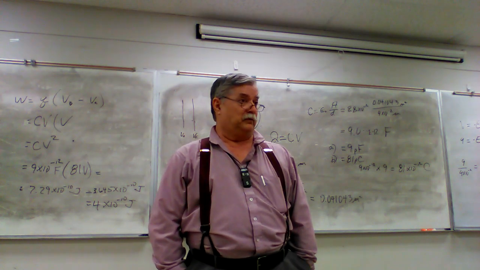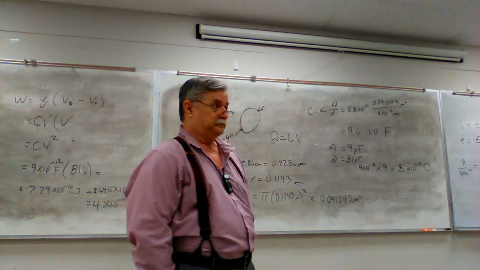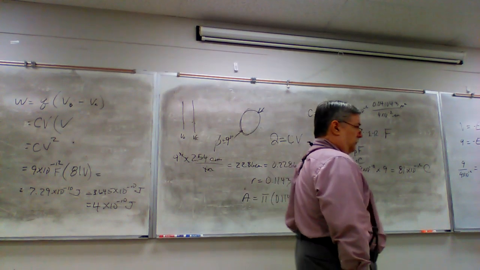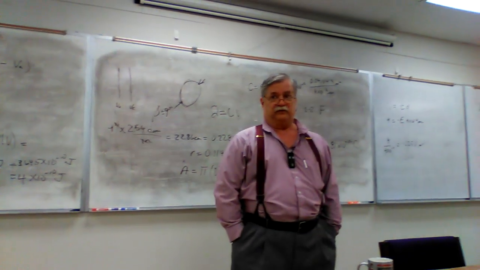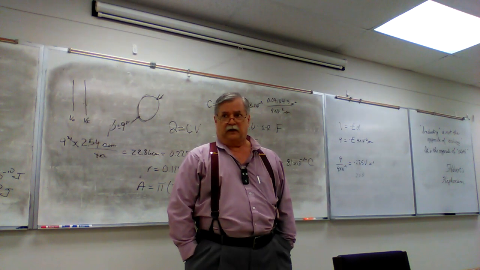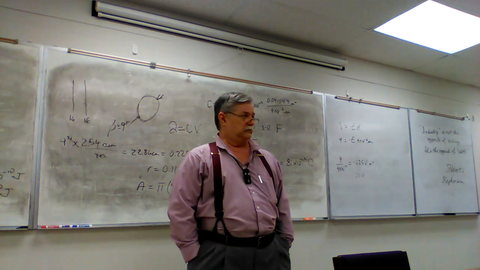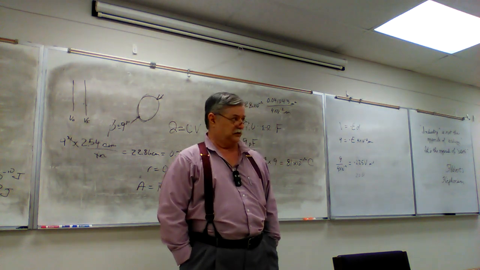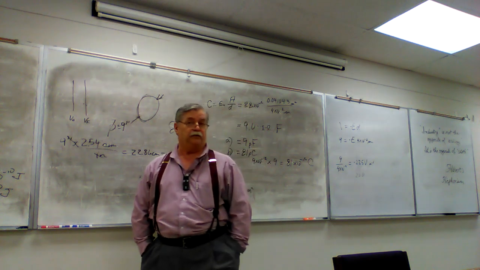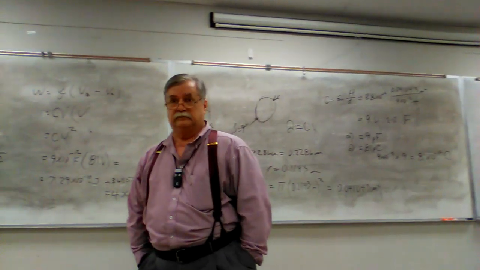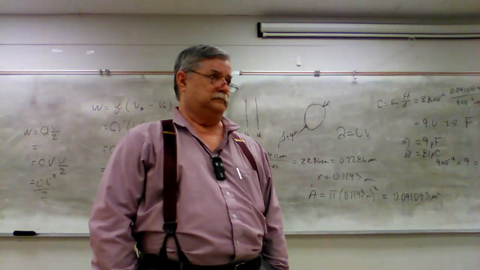What Volta figured out was that these frog legs were much more sensitive instruments for measuring and detecting small trace currents than even the most sensitive instruments he had been able to develop at the time.